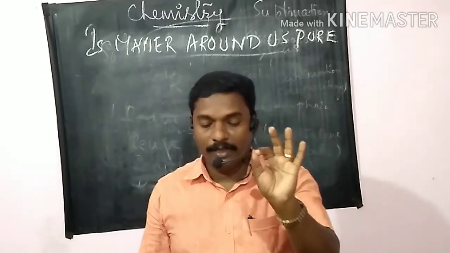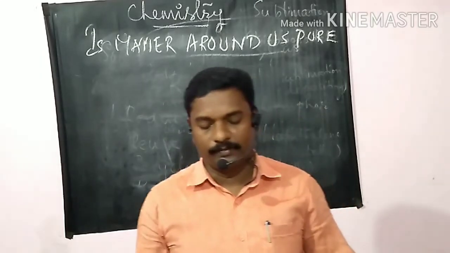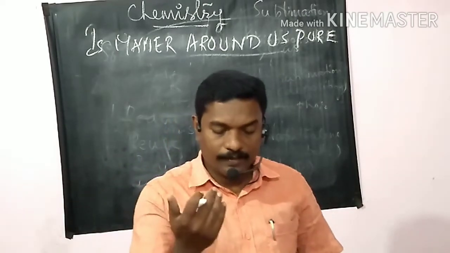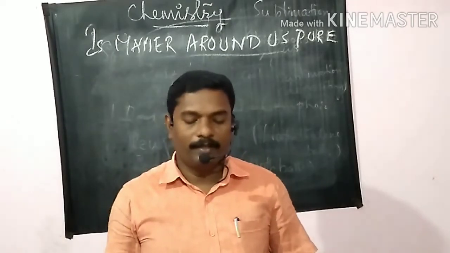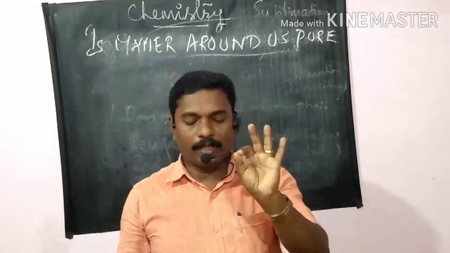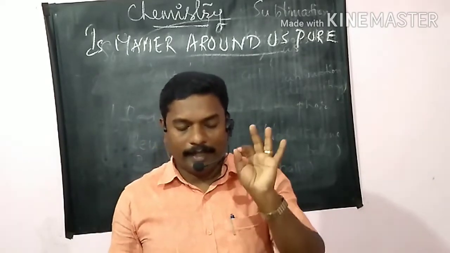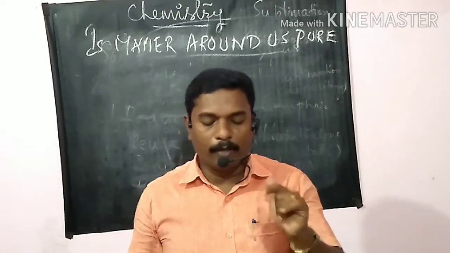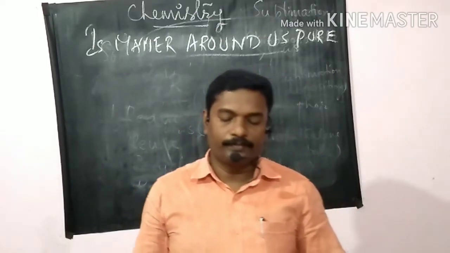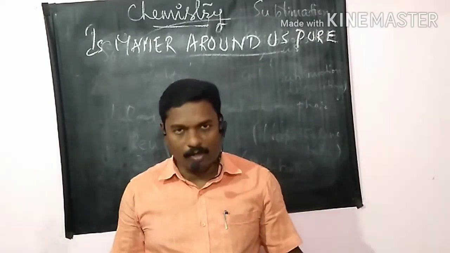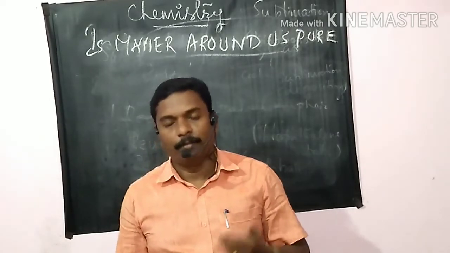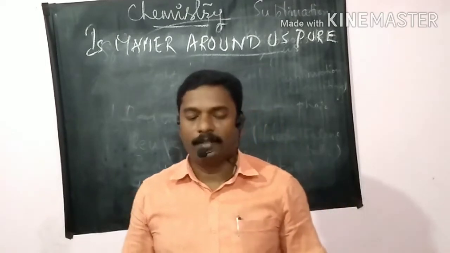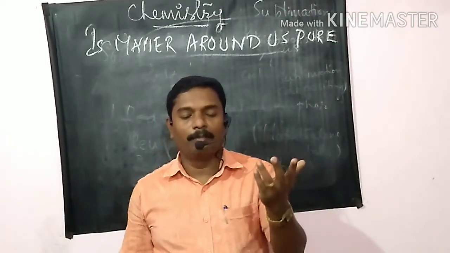While searching around, we can see most of the matter around us exists as mixtures of two or more pure components. For example, water, minerals, soil, etc. are all mixtures.